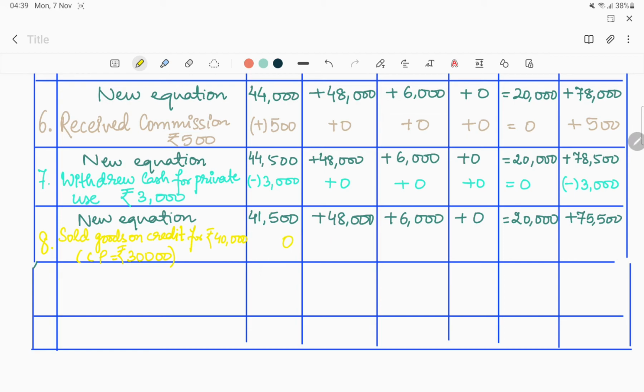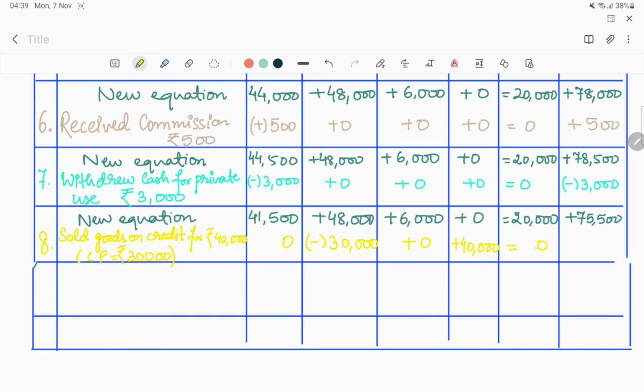Since he is selling goods, his stock will get reduced by 30,000 rupees, because those stocks cost 30,000. So you have to minus 30,000 from the stock. Furniture 0, and the debtor amount will get incremented by 40,000 because you are selling it for 40,000 rupees. So in the debtor column you have to add 40,000.